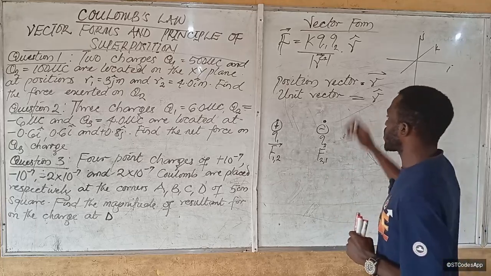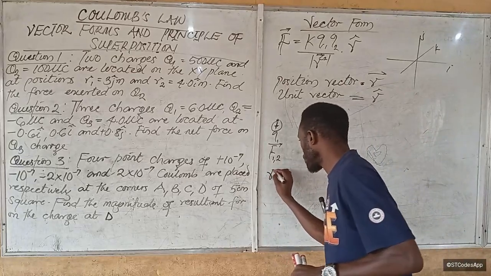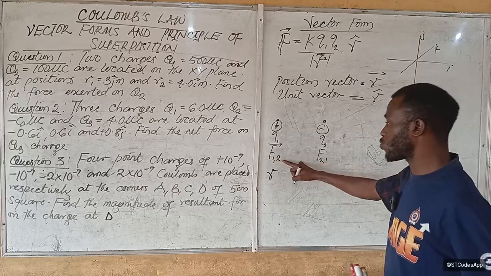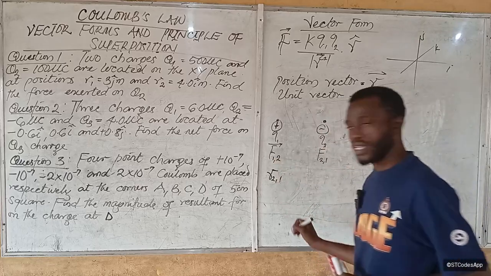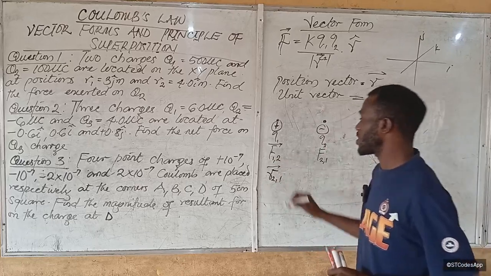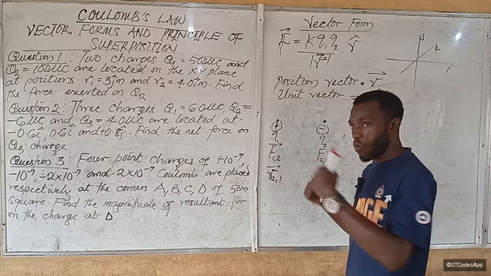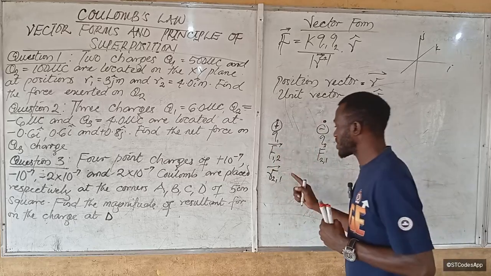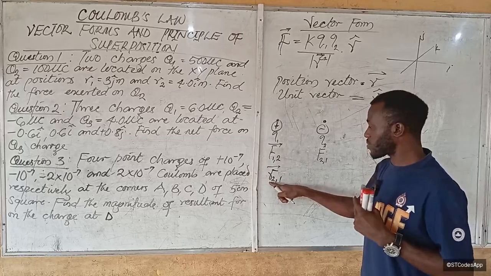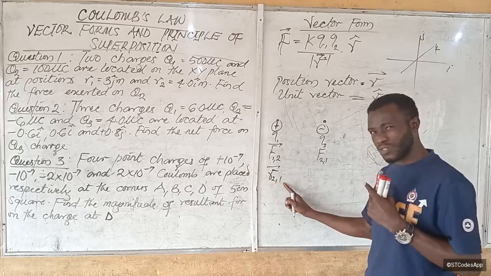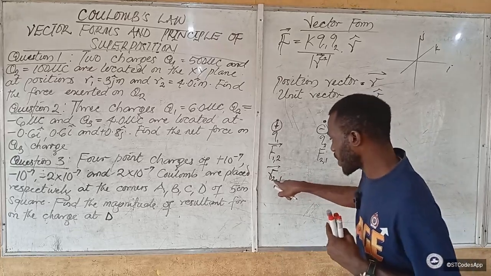Another thing to clear is this. The position vector of this one is going to be represented this way. The position vector will be r21, because we will be describing the force on 1 due to 2. So it means that we are at 2, the force is from 2 to 1. Does that make sense to you? That's why the position vector is written as 2, 1.